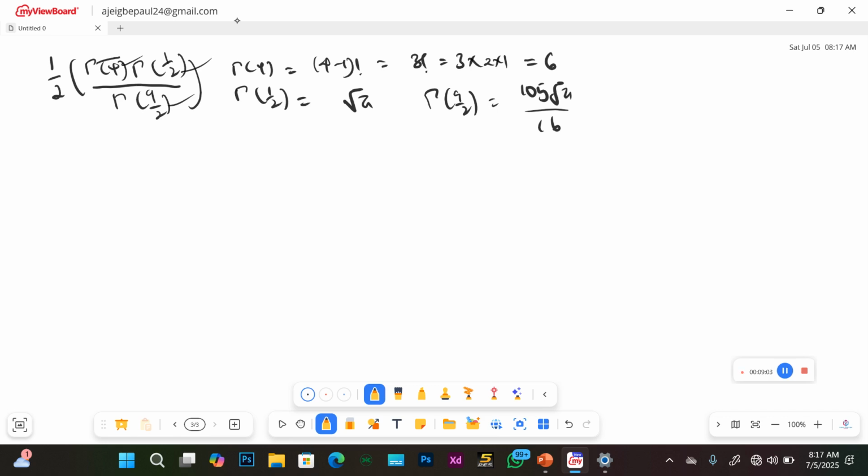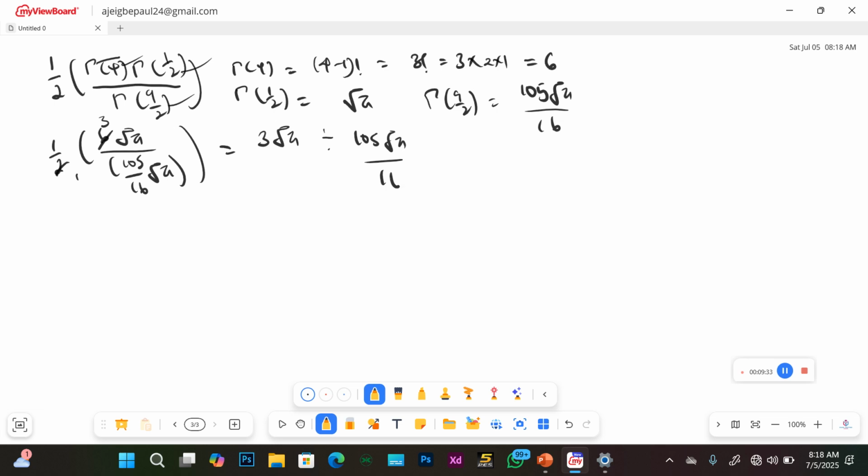So now let's input those values into this. You are going to have 1 over 2 multiplied by 6. Gamma of 4 is now 6, and then gamma of 1 over 2 is root pi, over gamma of 9 over 2, which is 105 over 16 root pi. So then if you simplify this, 2 into 2, that's 1, 2 into 6, that is 3. So you have 3 root pi divided by 105 root pi over 16.